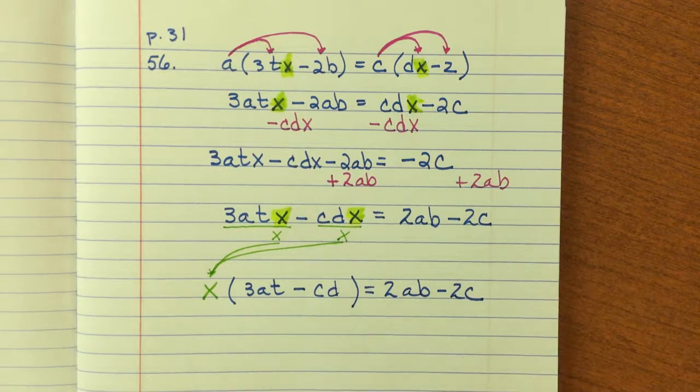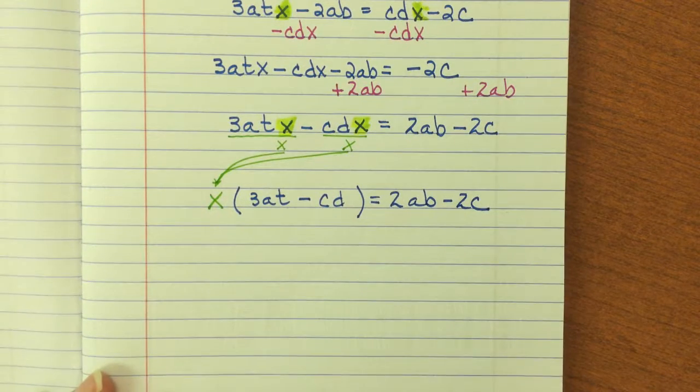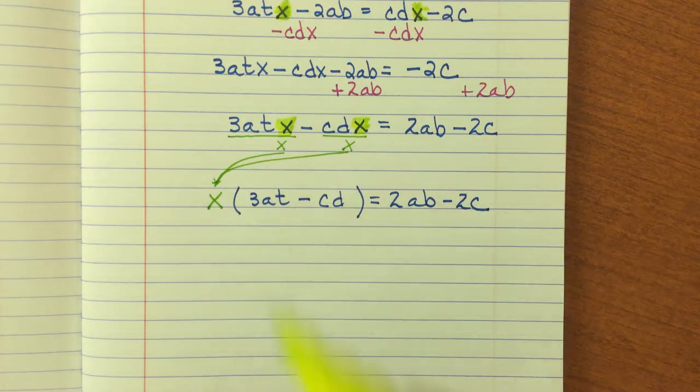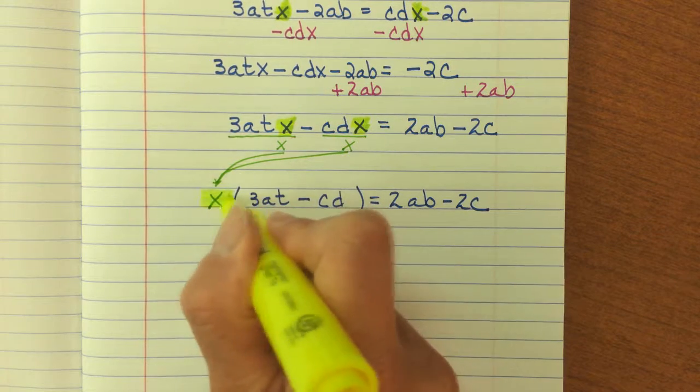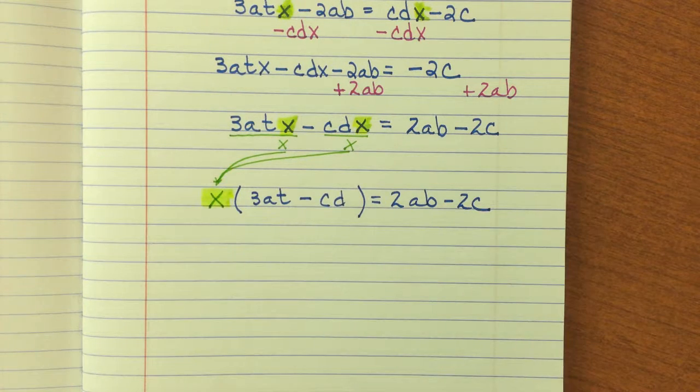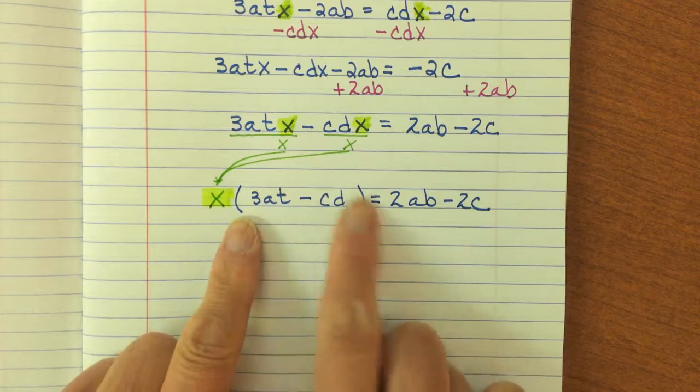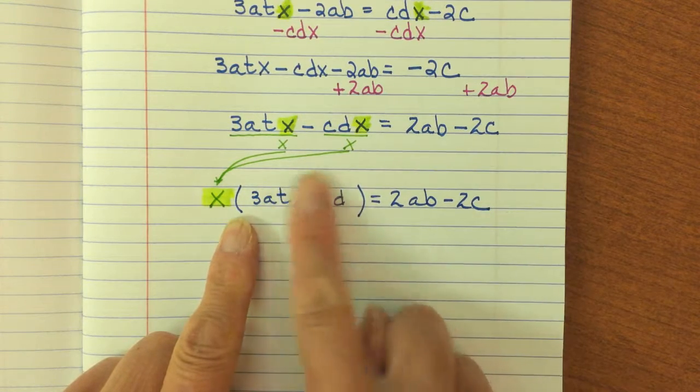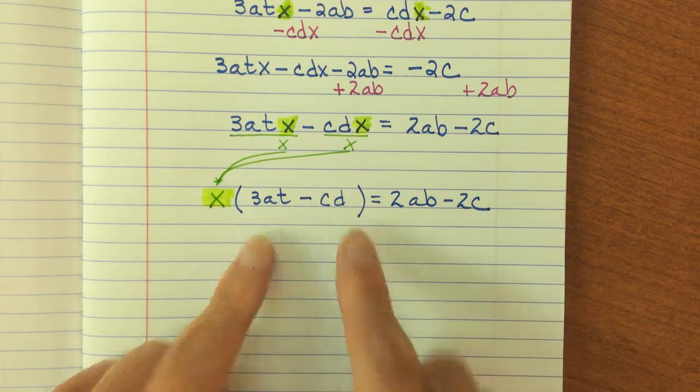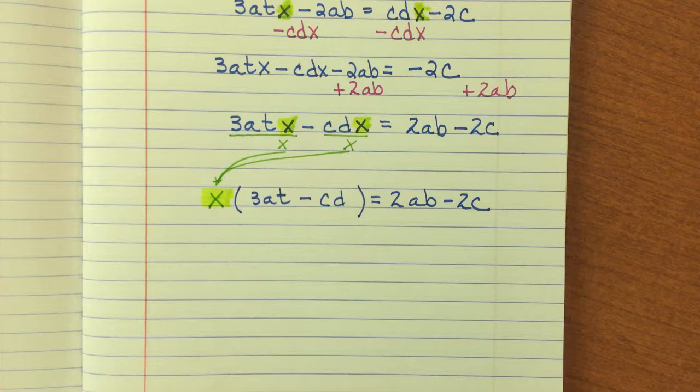We are almost done. So the trick here is, remember, I want to get x by itself. So x is being multiplied by some number. This is it. I mean, that could be the number 1,550. It's just some number, which means I need to get that number out of there.